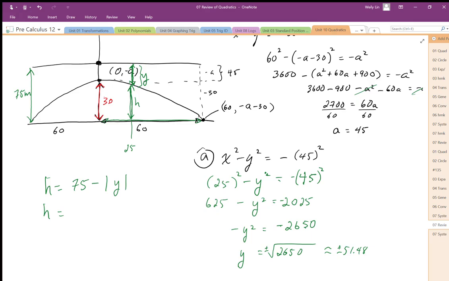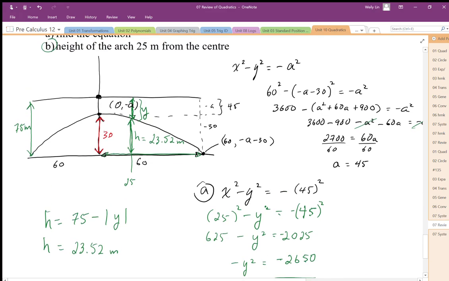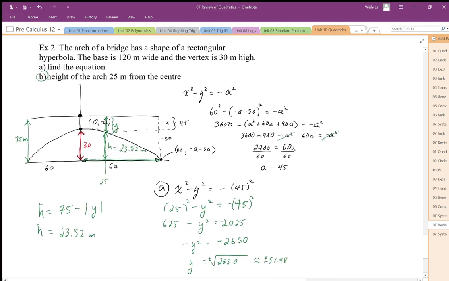So I get 23.52 meters. And so that height at that point is 23.52 meters high.